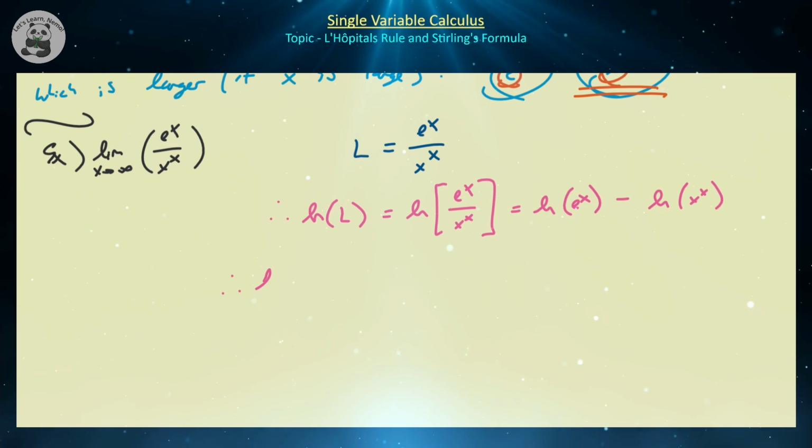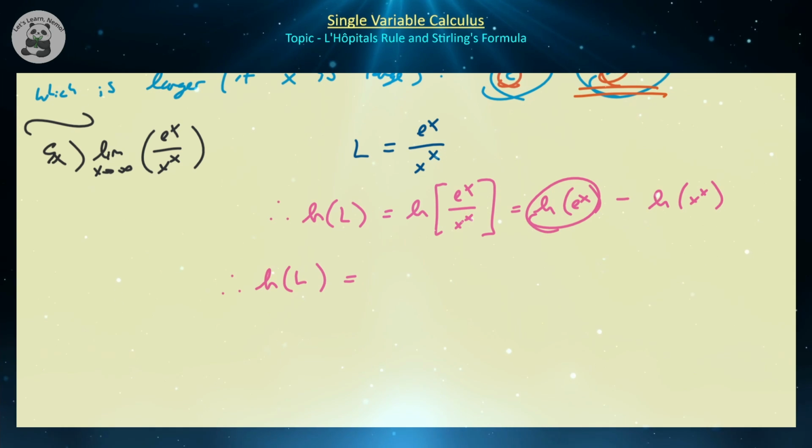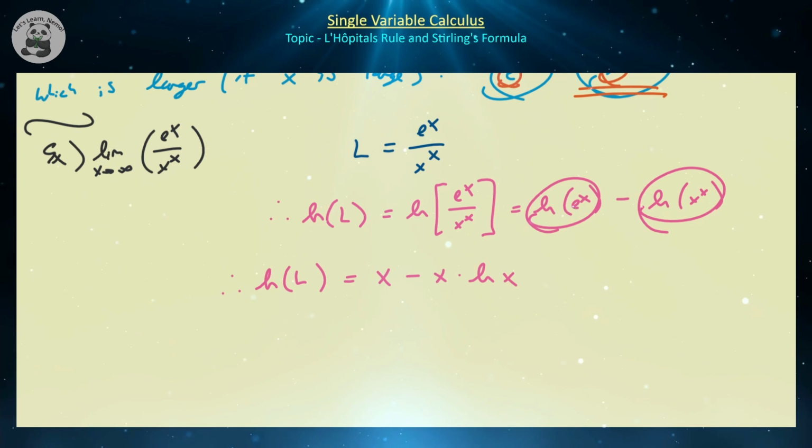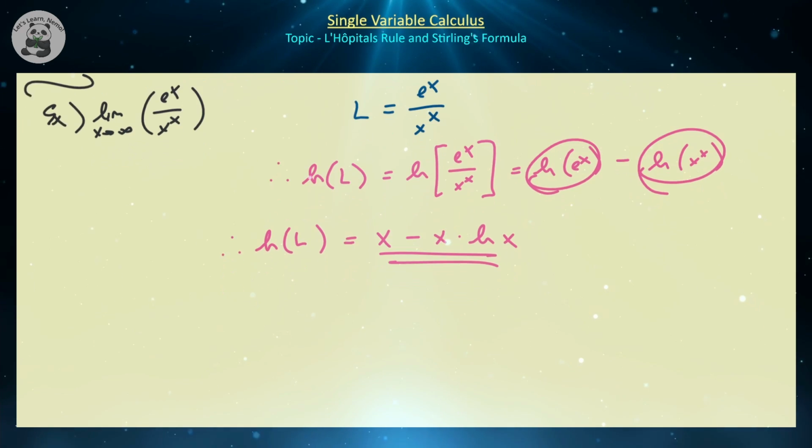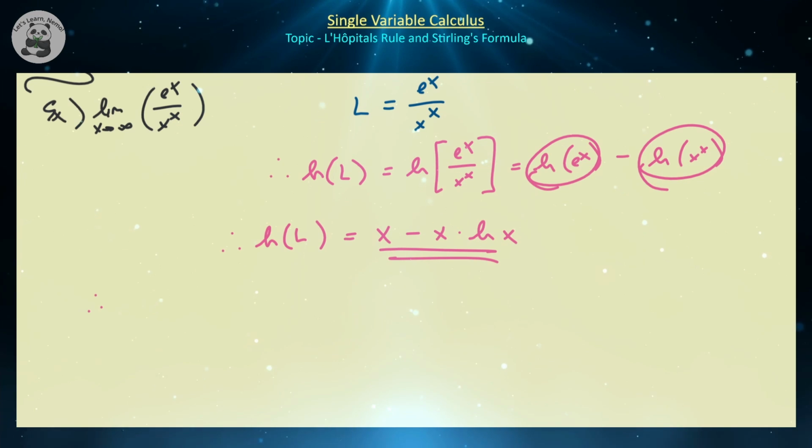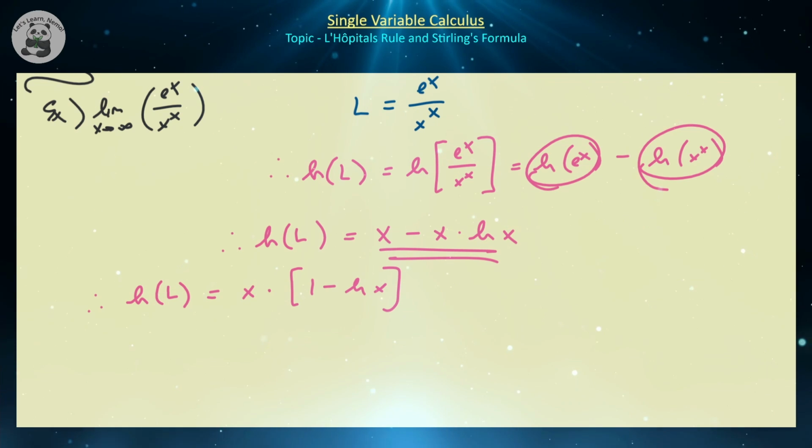So then we have the natural log of L is equal to, the natural log of e to the x, we know that's just going to be equal to x, and the natural log of x to the x, by properties of natural logs, is just x times the natural log of x, right? So this is what we have here. Notice that we have an x in common in this particular expression. So we have the natural log of L is equal to x times (1 minus the natural log of x).